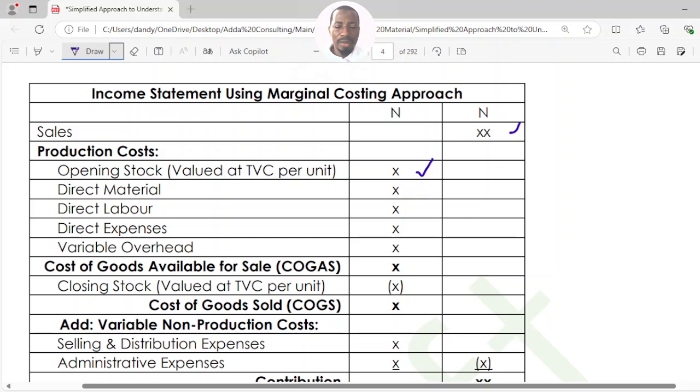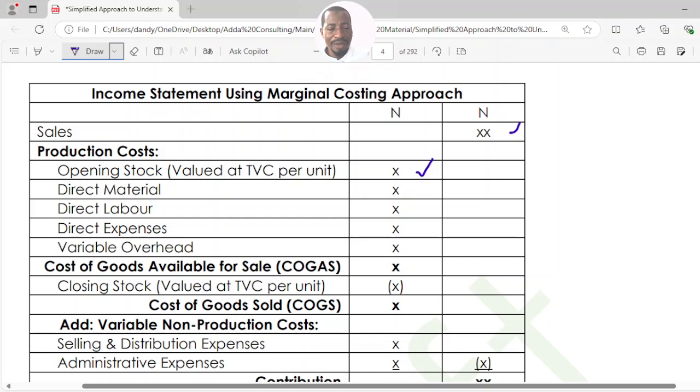Then the next item will be the direct cost, the direct material cost. For me to get the direct material cost, all the costs you have under the production cost must relate to the number of units produced. You are going to multiply them with the number of units produced. It is only the sales where the selling price will be multiplied with the units sold.